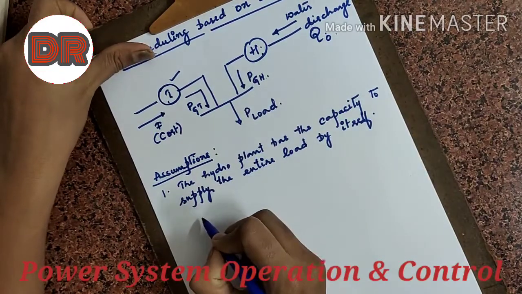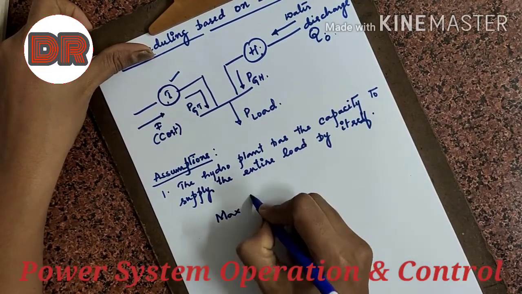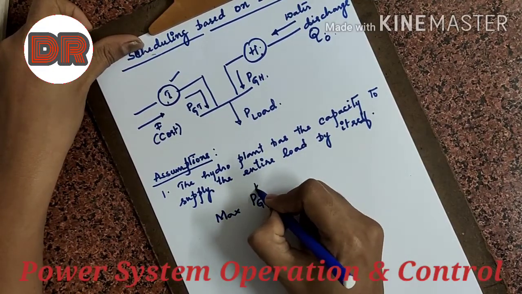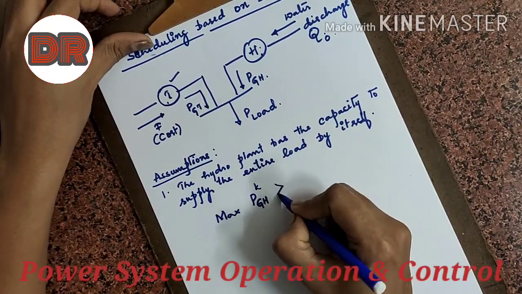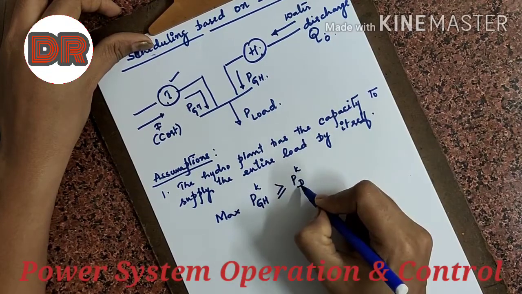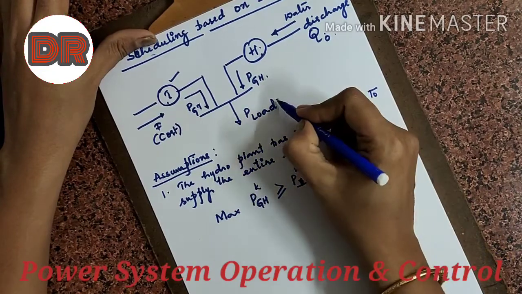What we can write from this is that the maximum PGH in any interval will always be greater than the demand value or the load value. I can take it as load or demand, so this is the same as PD.